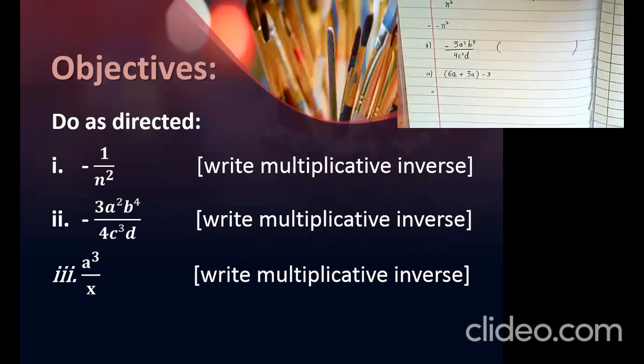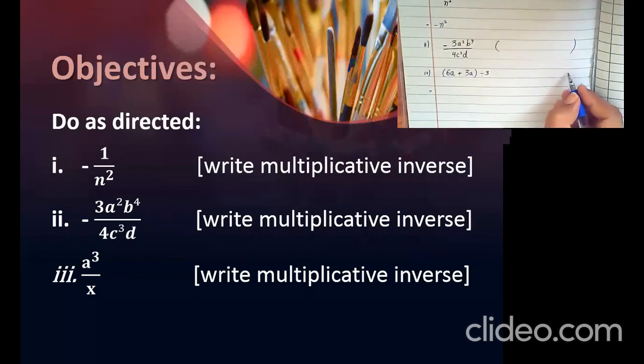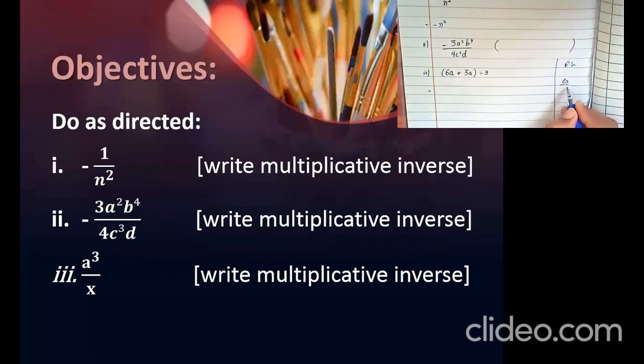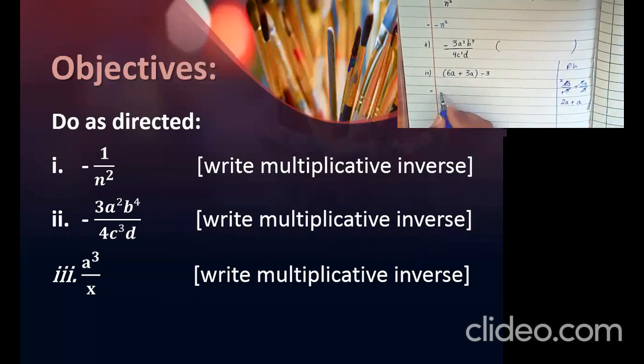Look here. Simply 3. You can solve it in the working column. 6a divided by 3 plus 3a divided by 3. So 3 into 2 is 6, 3 into 1 is 3. So what will you be left with? 2a plus only a. That is 2a plus a.